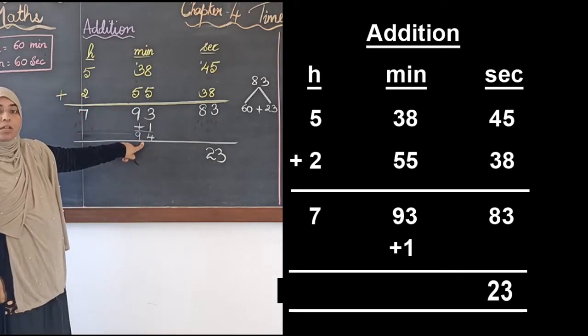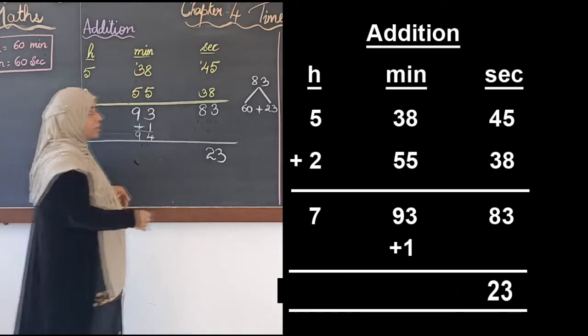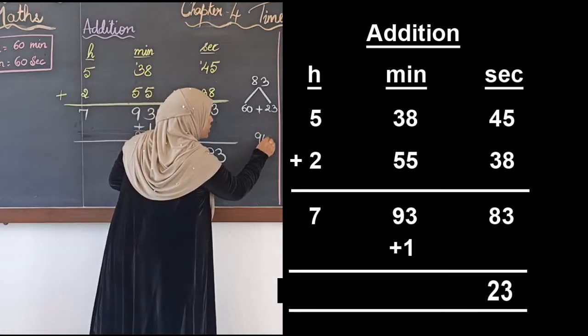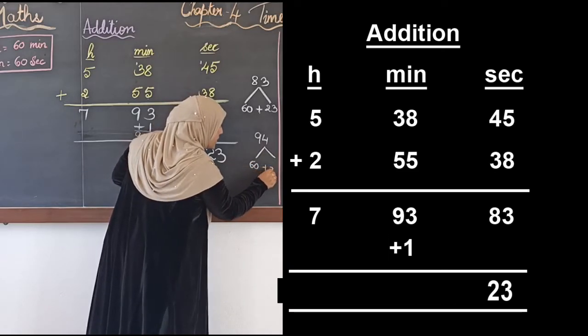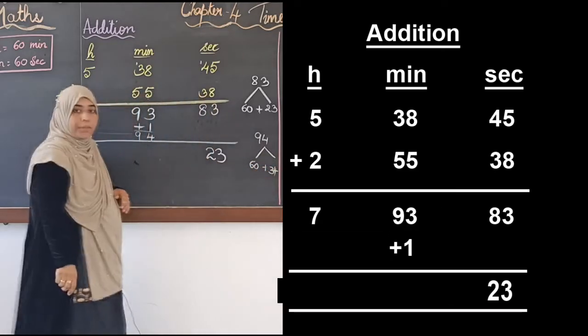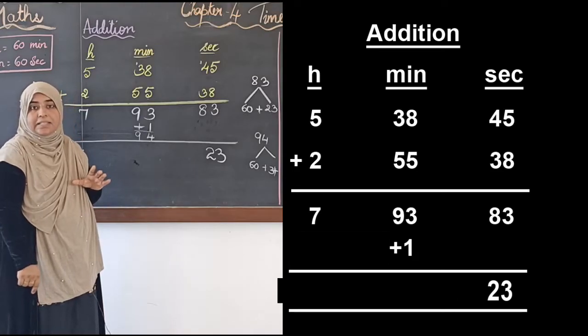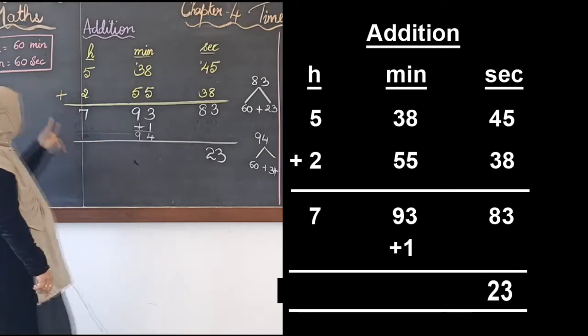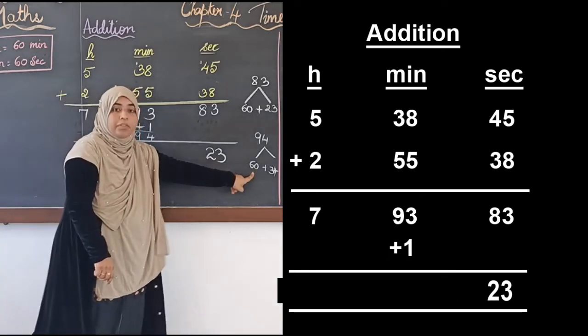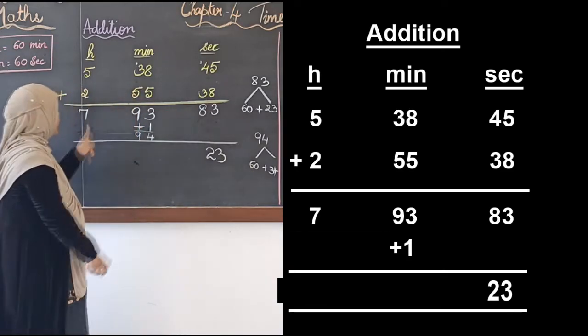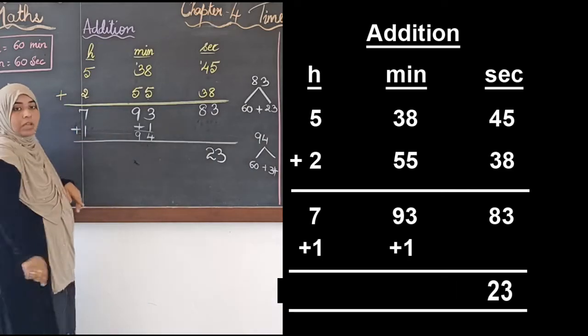This 94 again we can break, right? We are going to break it into 60 plus 34. Why? 60 minutes is equal to 1 hour. So this 60 we will change to hours and carry it to hours.